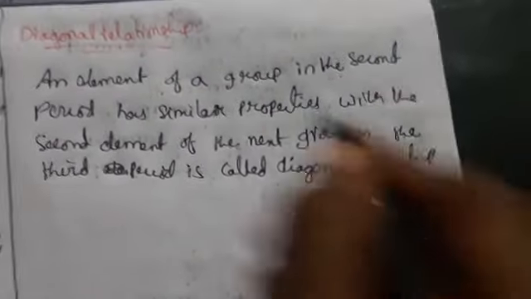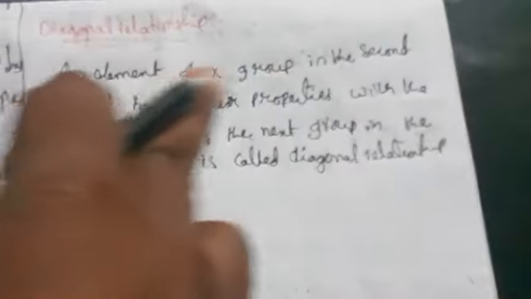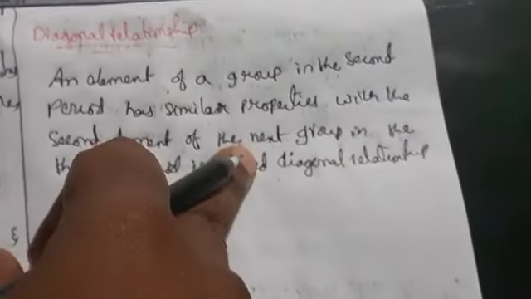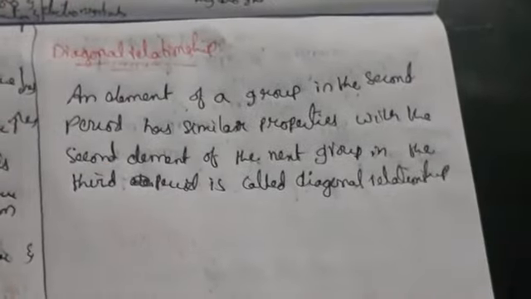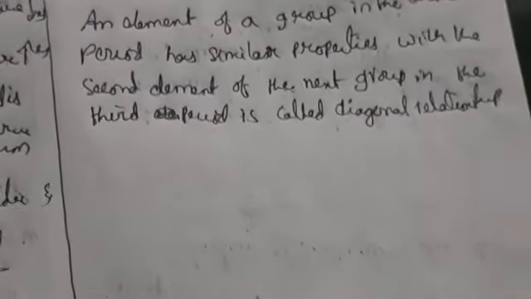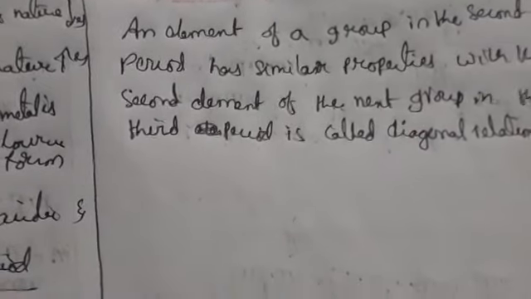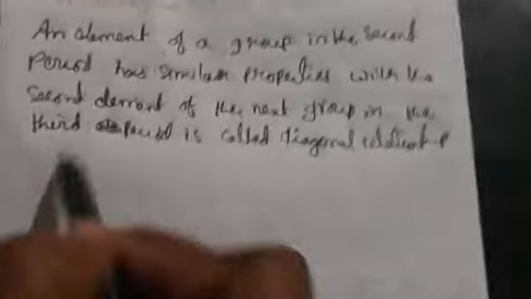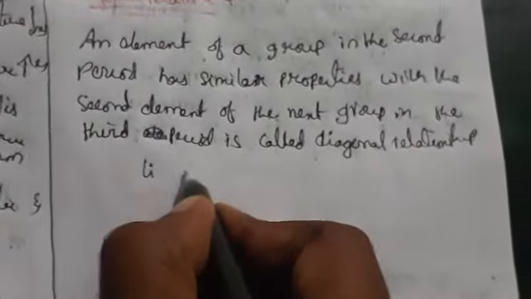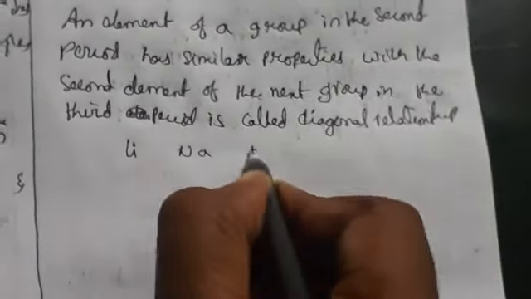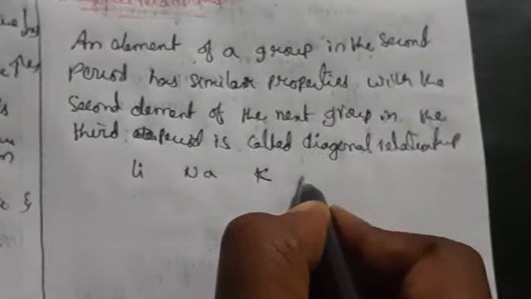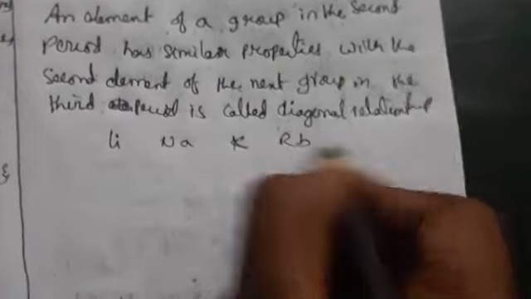What I have told you is: an element of a group in the second period has similar properties with the second element of the next group in the third period. We call it diagonal relationship. For example, let us take the pairs lithium, sodium, potassium, rubidium, cesium, francium.